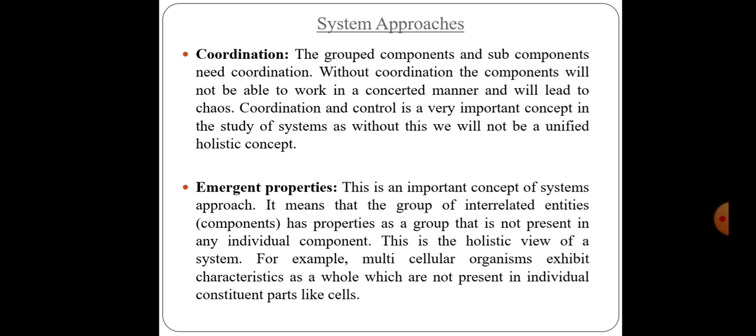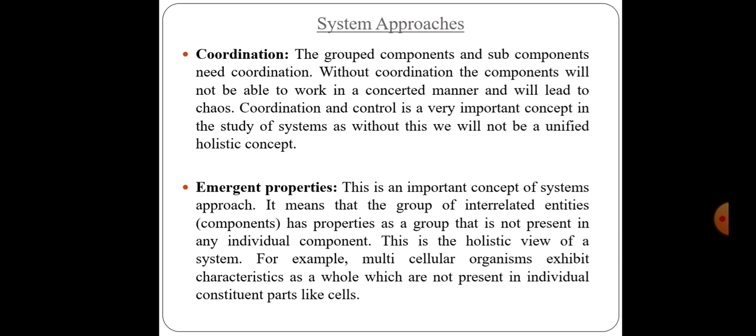Then comes emergent properties. Again, it is also one of the important concepts of the systems approach. It means that a group of interrelated entities has properties that are not present in any individual component, working together in order to achieve a common goal of the system. So this is the holistic view of the system.